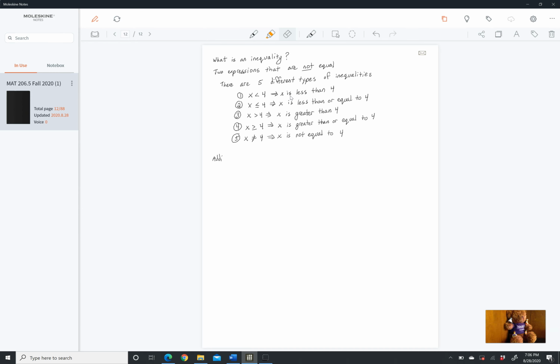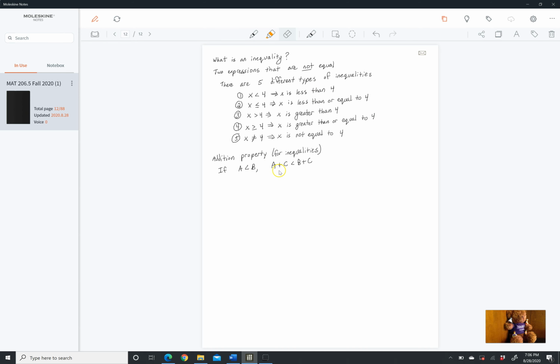Okay, so I'm just going to write that down so that you have it. So these are the addition property for inequalities. This just says if A is less than B, then A plus C is less than B plus C. Okay, so that inequality is preserved.